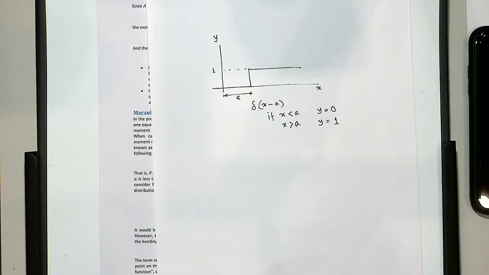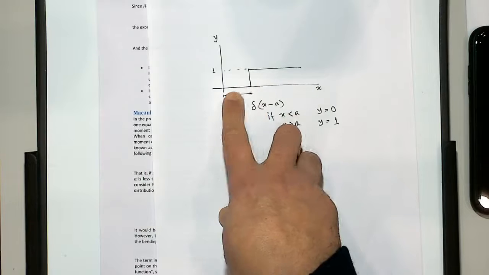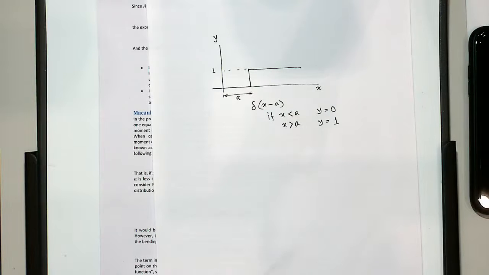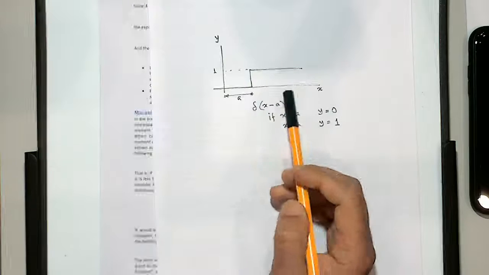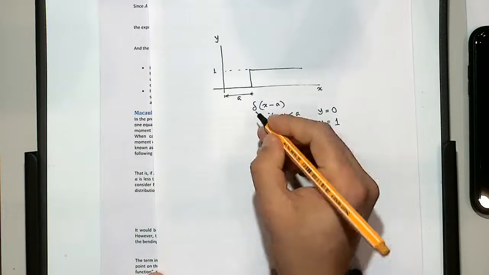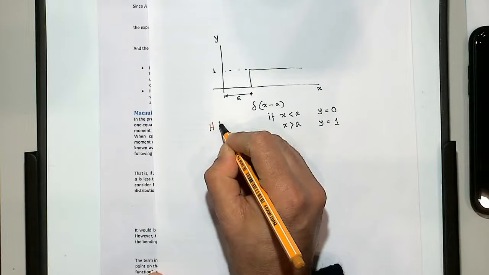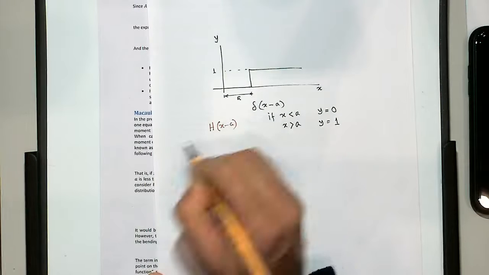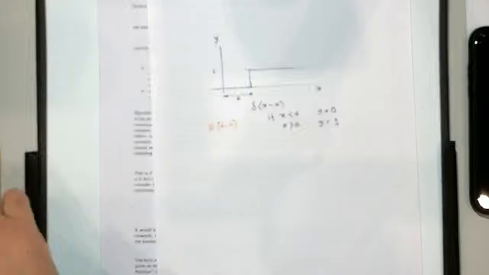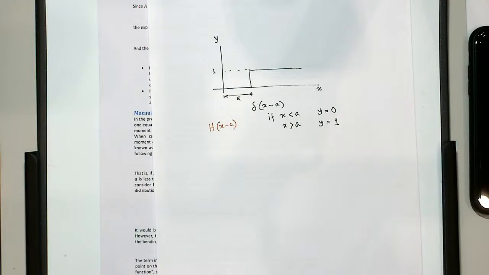We'll be using this in a slightly different way, multiplying the load and everything else. Instead of using any other symbol, like some people use the Heaviside function as H of x minus a, there are a lot of different symbols people can use from a mathematical point of view.